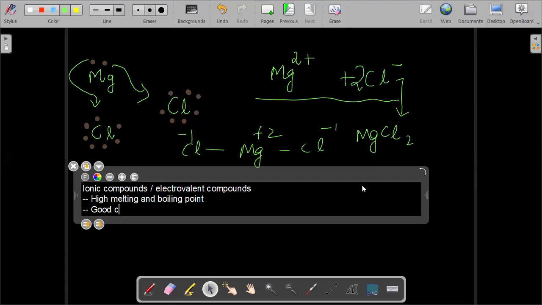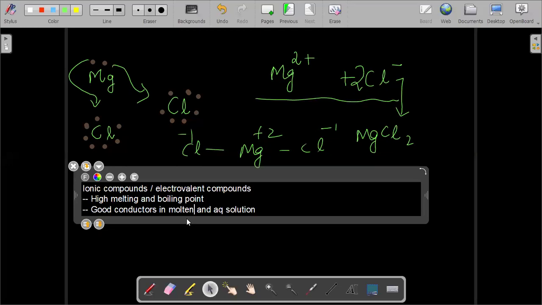They are good conductors in molten form and in the form of aqueous solution.